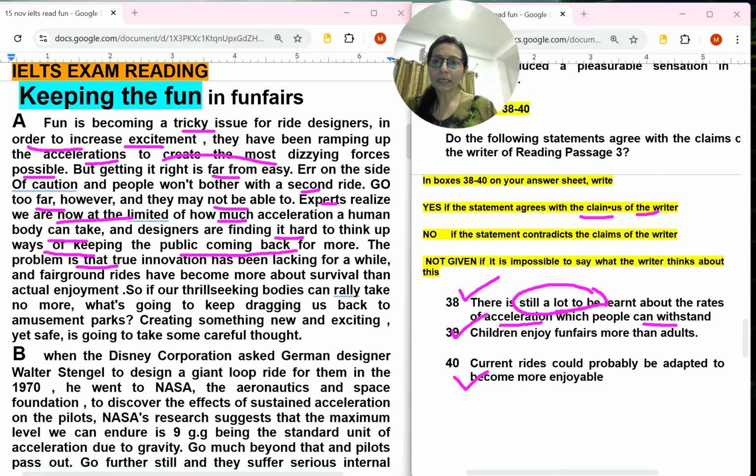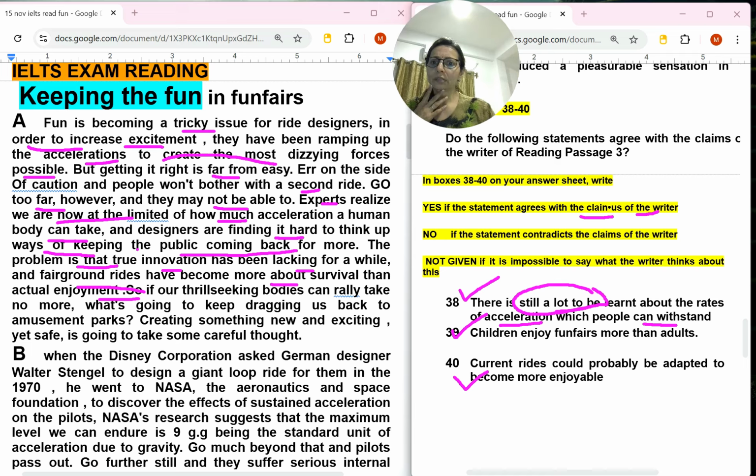The problem is that, now I think the main thing, they have started talking about acceleration, rates of acceleration which people can withstand. The problem is that true innovation has been lacking for a while, and fairground rides have become more about survival than actual enjoyment. So if you ask me, there is still a lot to be learned.